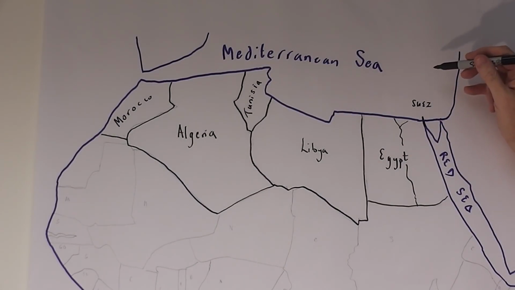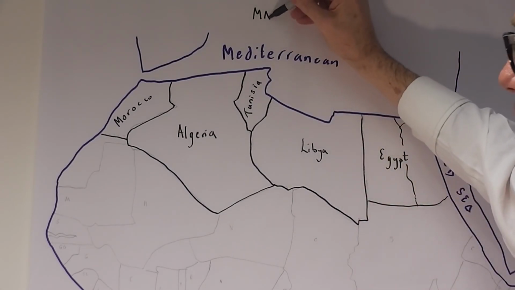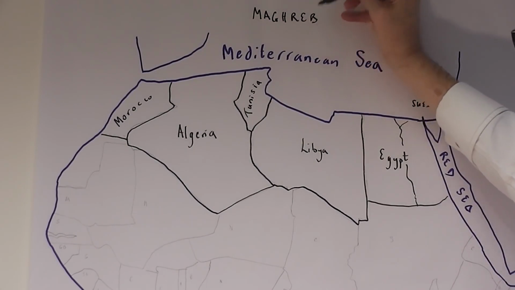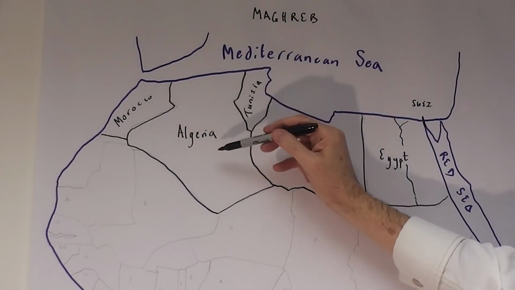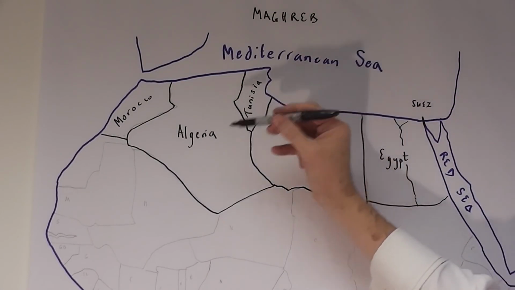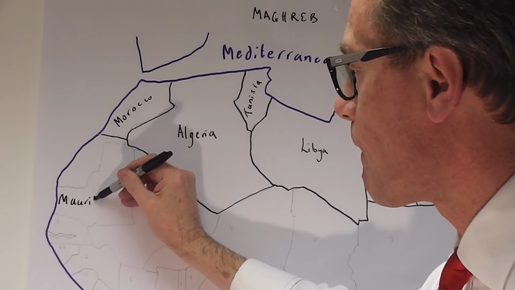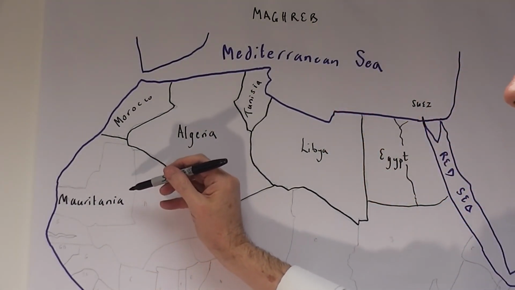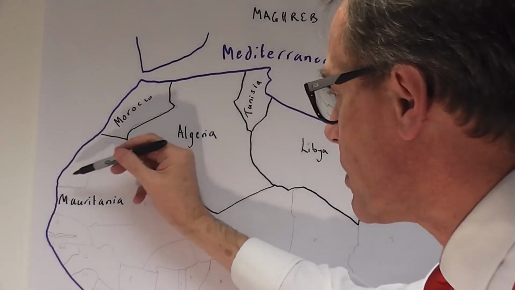Now there's a group of countries which are called the Maghreb, and that's spelt M-A-G-H-R-E-B. The Maghreb countries are Morocco, Algeria, Libya and Tunisia, and one other country which we're now going to mark on, and that's here. A country which sounds as if it should be in Eastern Europe rather than in Africa, and that's Mauritania.